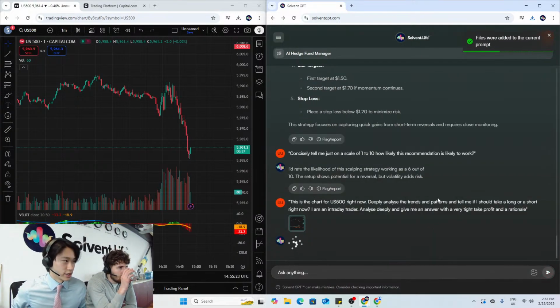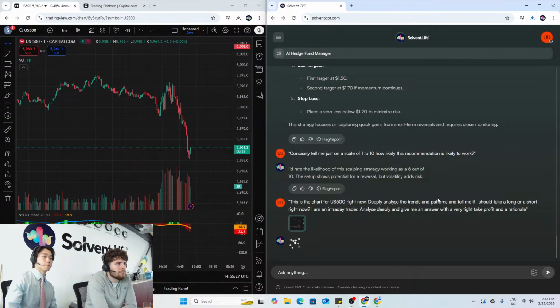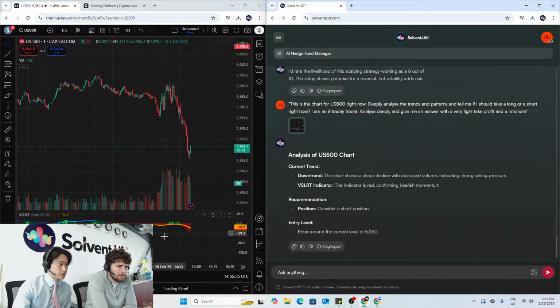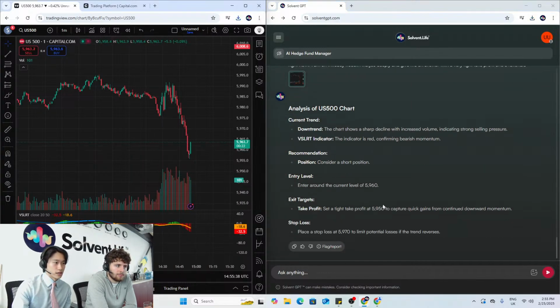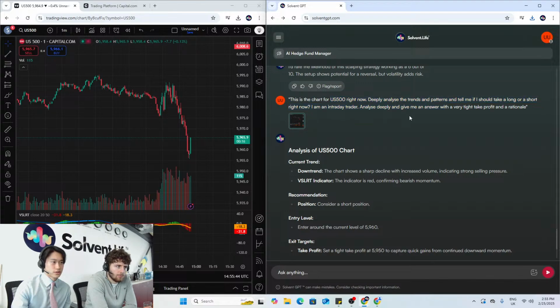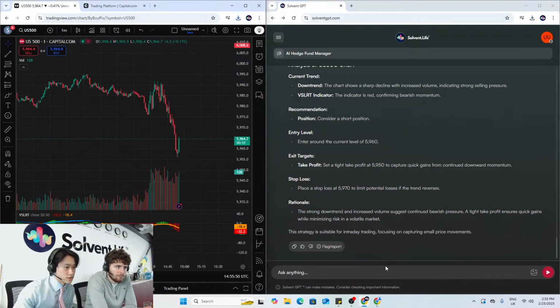So we have already a pre-engineered prompt for the US 500. And that doesn't mean a preemptive answer, but a pre-engineered prompt. So the GPT looks for keywords. What does it say? Short position. It says short.